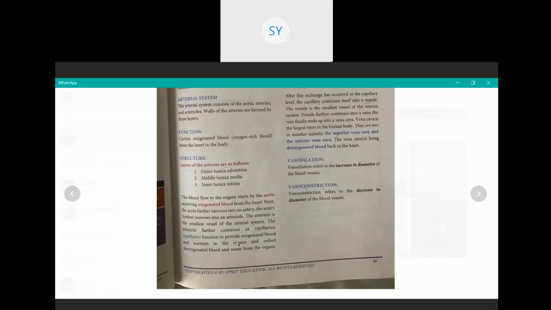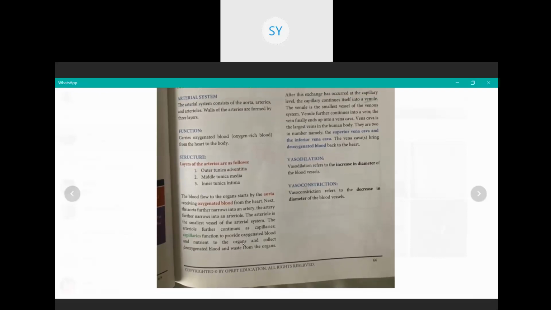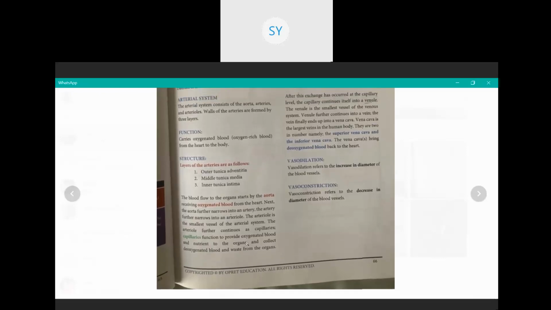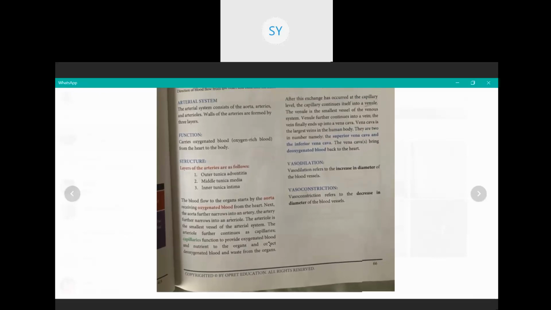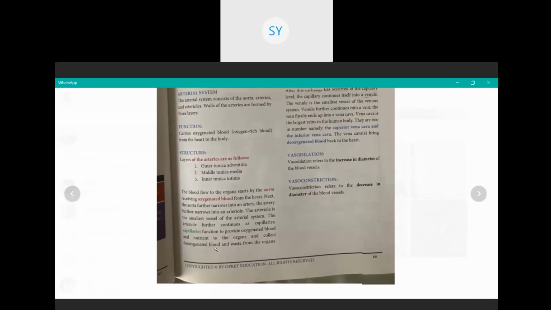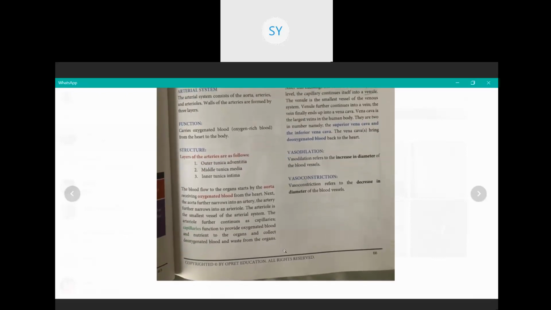So that goes to the particular cells and collects deoxygenated blood. After providing all nutrients to the cell, the cell also has impure things, right? And the impure things are taken by the vein, deoxygenated blood and waste from the organs.